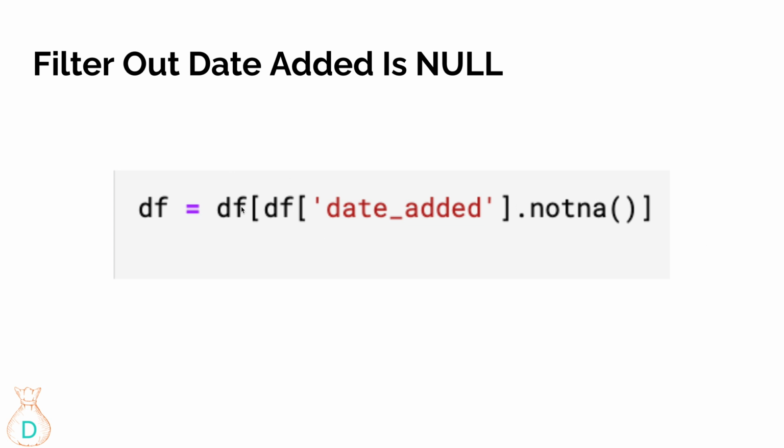In the filter, you have to call df bracket twice, because one is pointing to the column and one is actually filtering it. So we point to the date added column and then dot notna parentheses, meaning we're going to keep all the rows that are not blank, and then we're going to assign it back to the data frame.